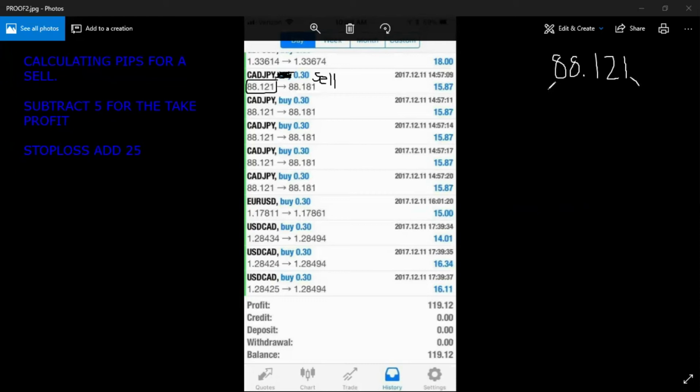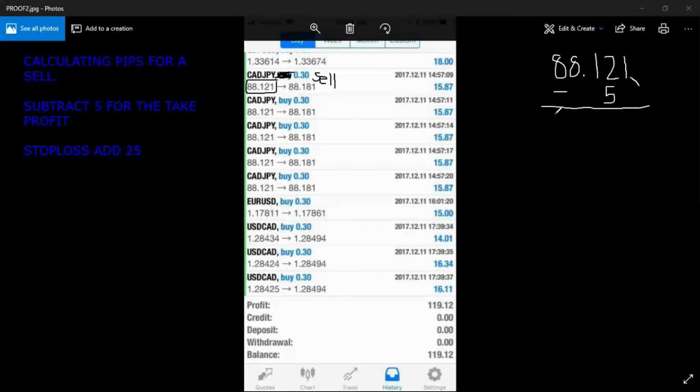So because this is a sale, we will be subtracting 5 from the entry price. We want the market to go down because it's a sale, we want it to go down in order to hit our take profit, right? So if we are on a sale and we want the market to go down in order to hit our take profit, that means it must go up to hit our stop loss.